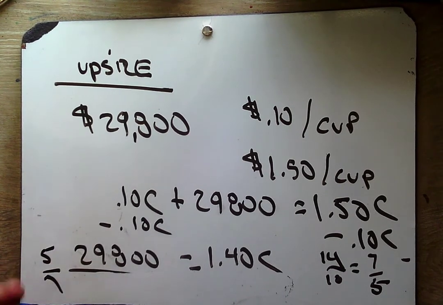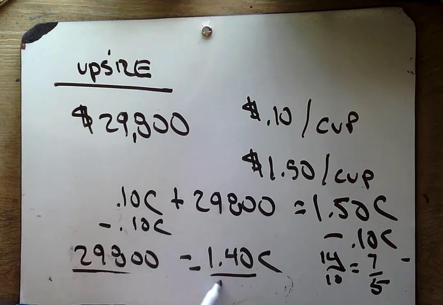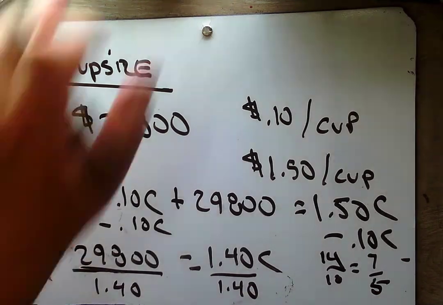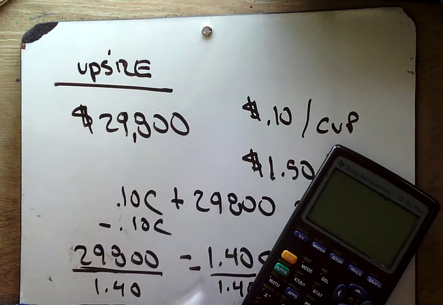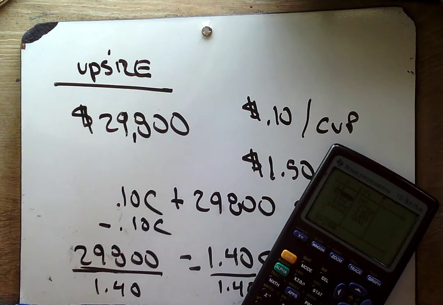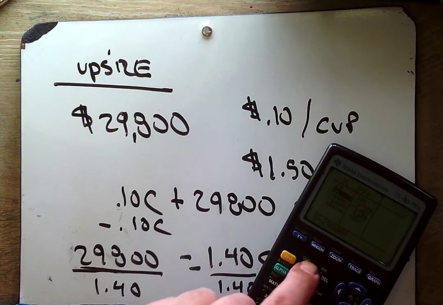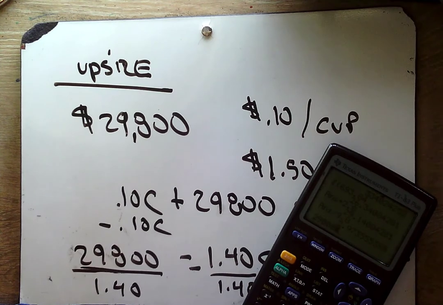Yeah, 7 into that, no, I'm not going to do that. I'm just going to pull out the calculator. See, I'm lazy, but there's only so lazy. Okay, 29,800 divided by 1.4.